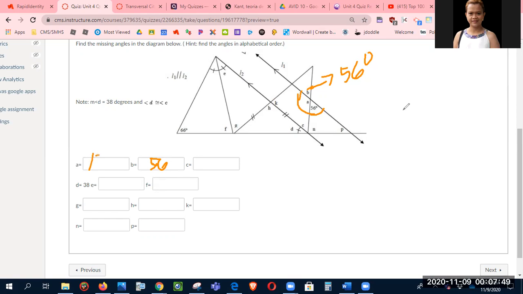So A is 124. Again, they are a linear pair, which means they are supplementary angles, which is 180. So A is 124.